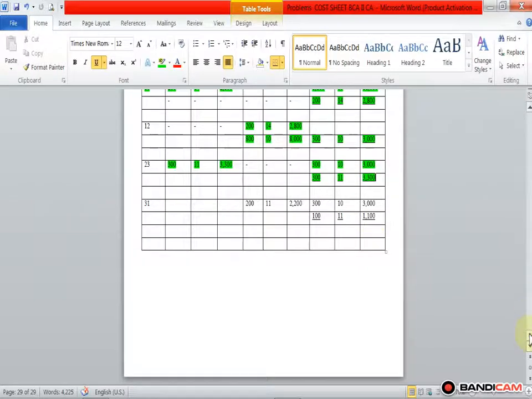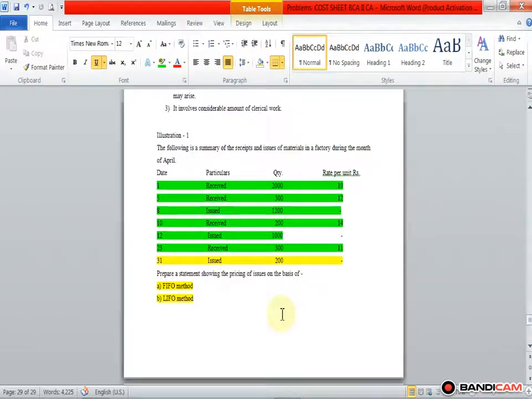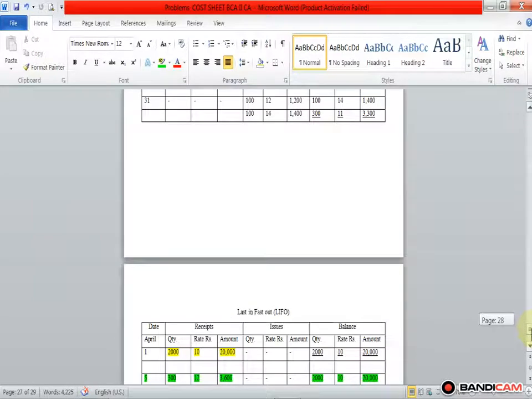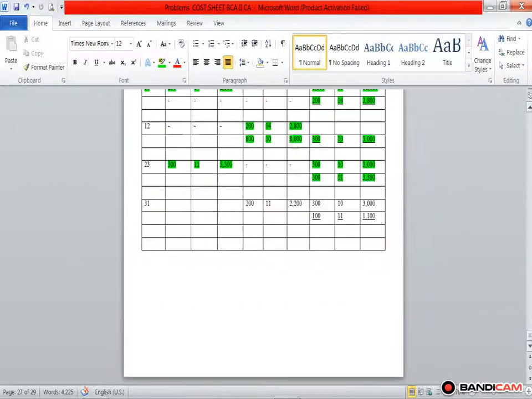Now on 31st April we again issued a quantity of 200 units. Our method is last in first out, so the material received last, on 23rd April, is issued first. So here we issue the material from the material received on 23rd April.